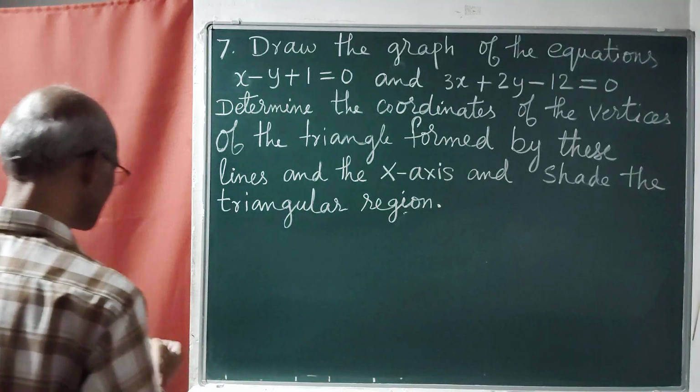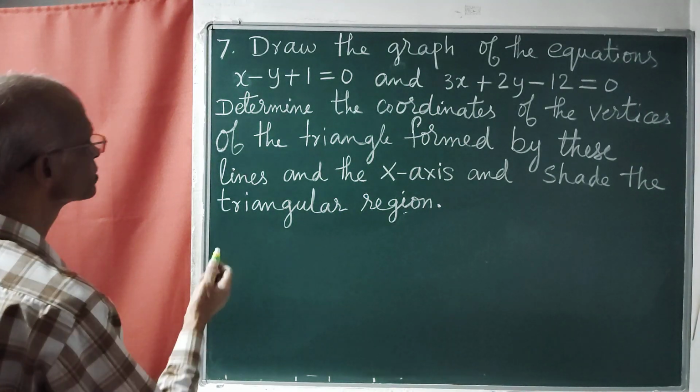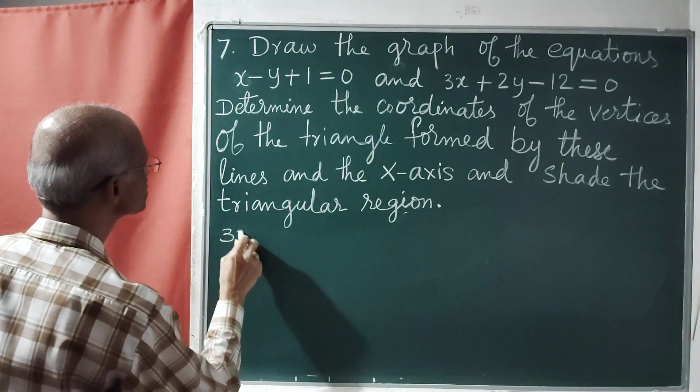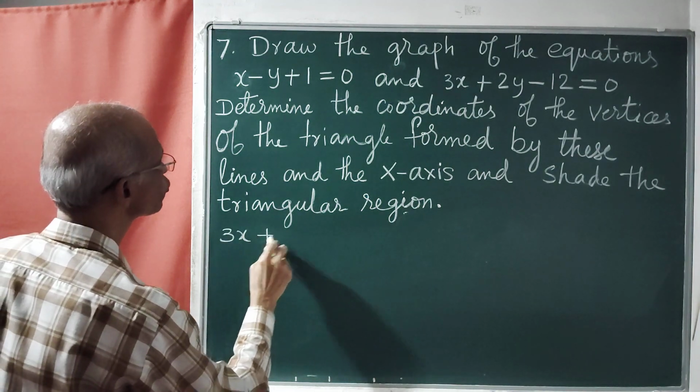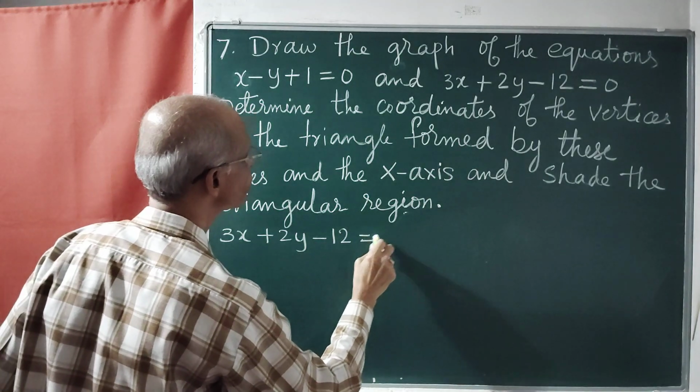Now we will take the second equation, that is 3x plus 2y minus 12 equal to 0.